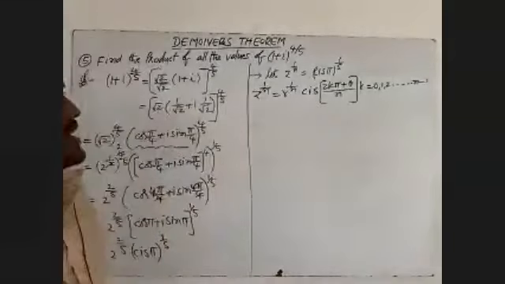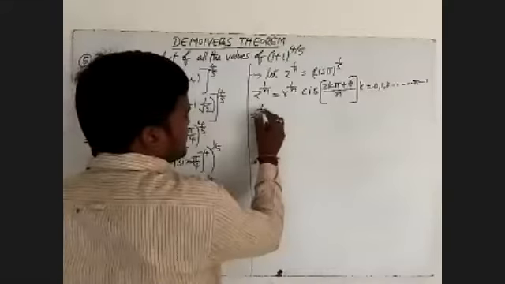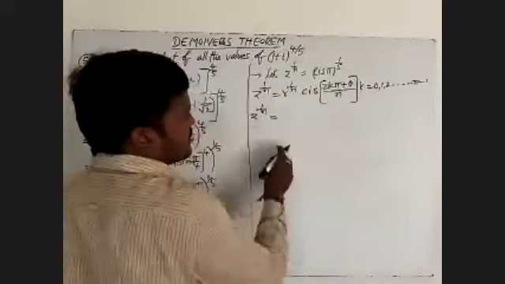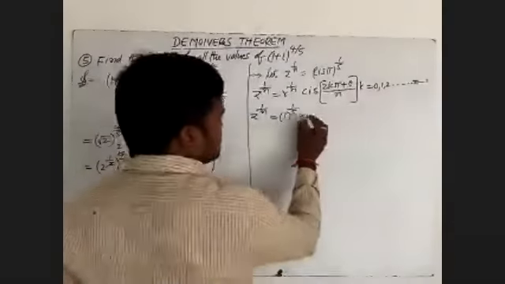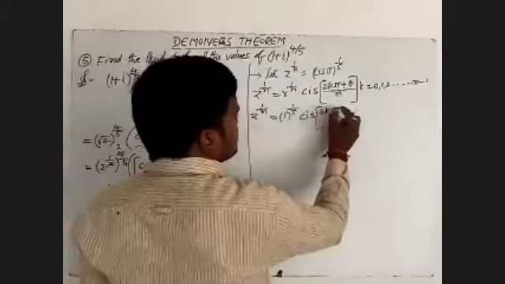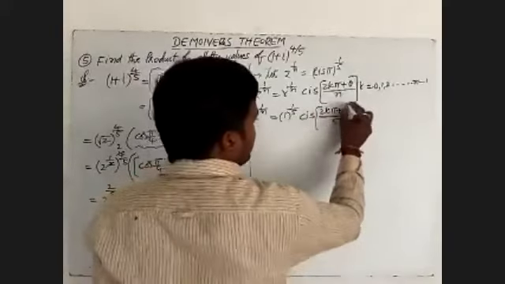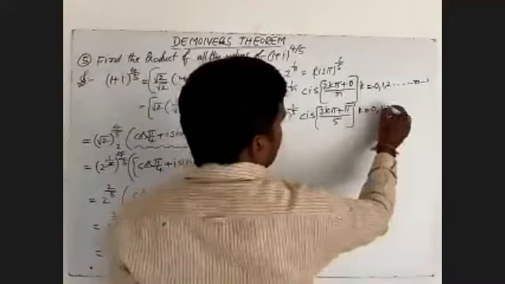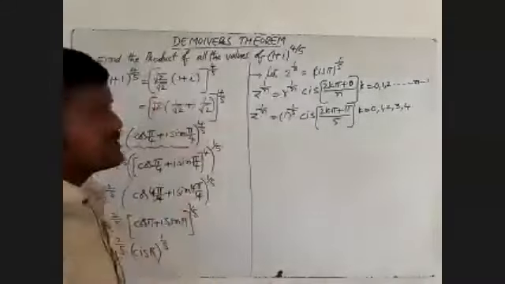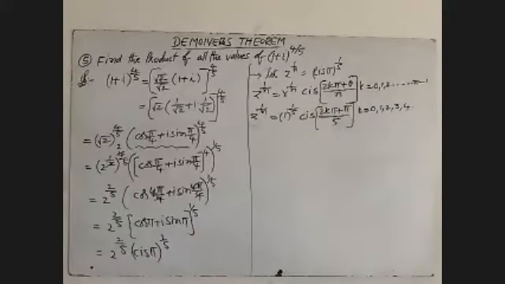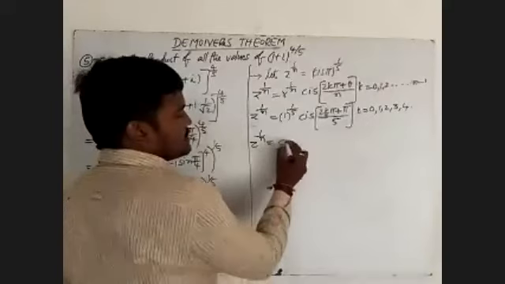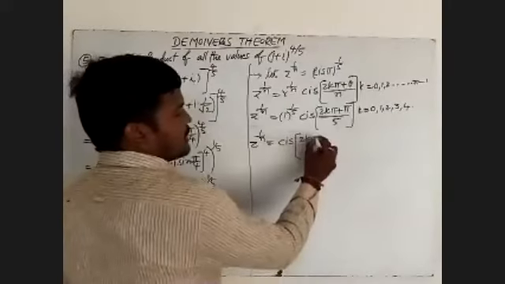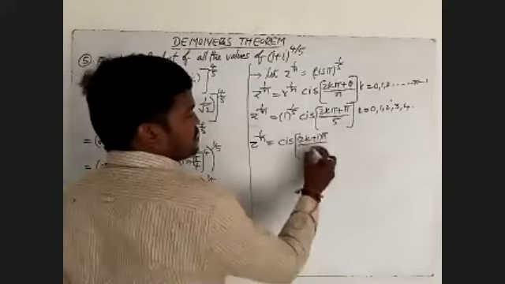There is no r value, so here z power 1 by n is equal to 1 power 1 by 5 into cis of (2k pi plus theta), where theta is nothing but pi and n is 5, so n minus 1 becomes 4: k is 0, 1, 2, 3, 4. How to expand this: z power 1 by n equals cis of, taking pi common, (2k plus 1) into pi by 5.